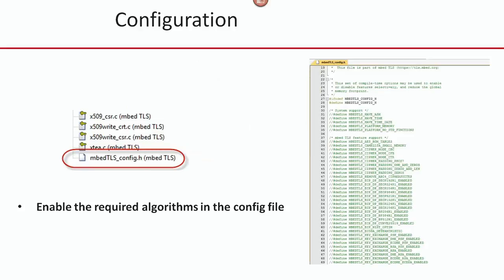However, as I said, it's a very modular system. At the end there is a simple configuration file which includes a large number of hash defines. So we can simply define which algorithms we want to be included in our project, and only those will be built and added to our final project. Again, we can very easily minimize the footprint of this library because it's designed for a small microcontroller system.